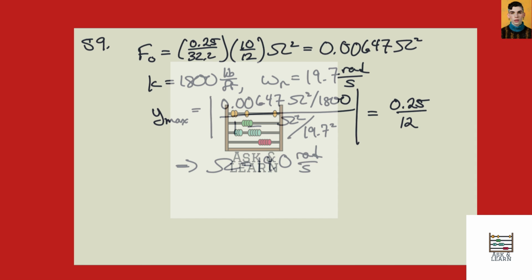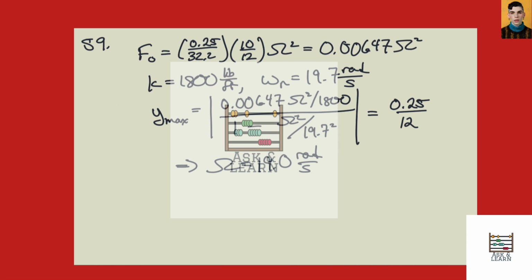So let's see here, 0.00, and omega squared divided by 1800, all divided by 1 minus omega squared divided by 19.7 squared.